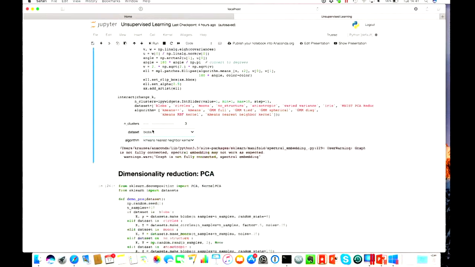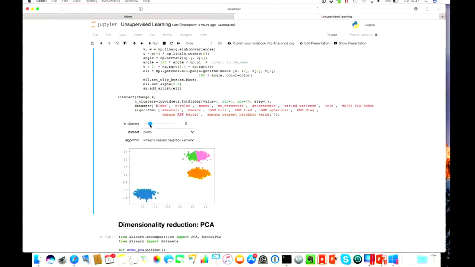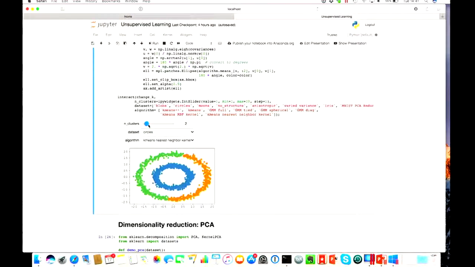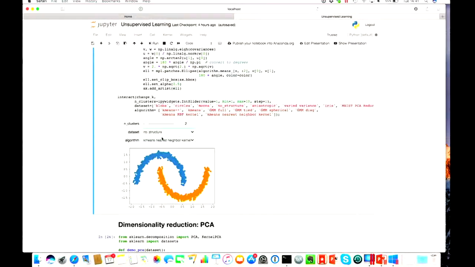So let me, for example, show this data set. Here, that's now a k-means solution, but just in a different space that we'll work towards later. So you can actually deal with these sort of things.